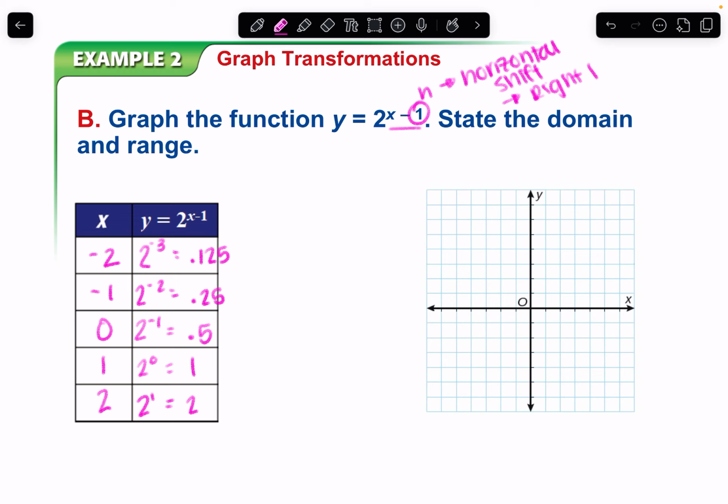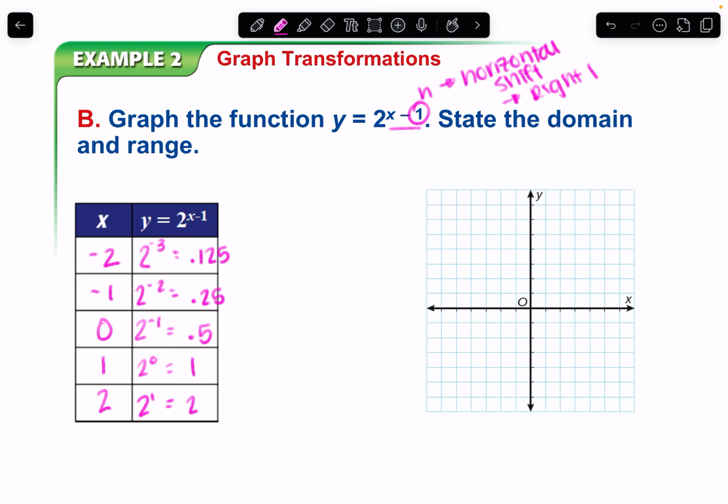Now I am then graphing. So my graph is not shifting up or down at all. My values are still going to get as close to 0 as possible, but not cross 0. It's just my graph is going to shift over to the right now versus crossing at 0, 1. It's shifting over, and that 1 point is going to now be at 1, 1.